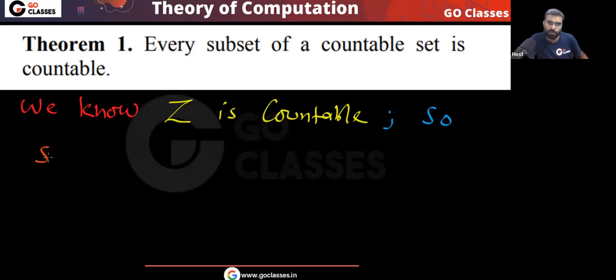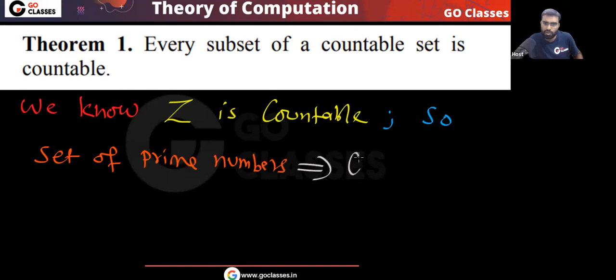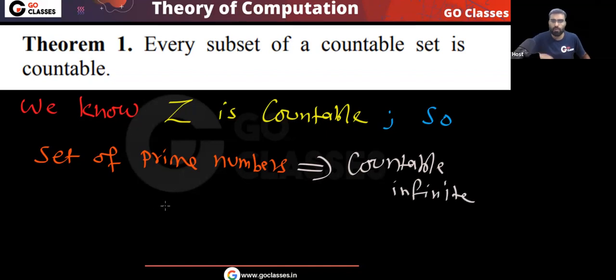For example, what about the set of prime numbers? That also will be countable. Countable infinite. Yes or no? Okay, is this clear? Please tell me. So I hope you understood that every subset of a countable set is countable.